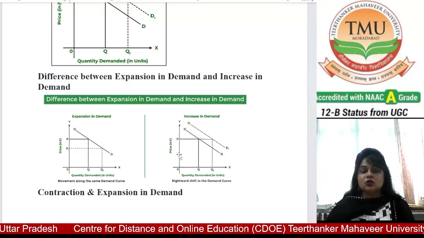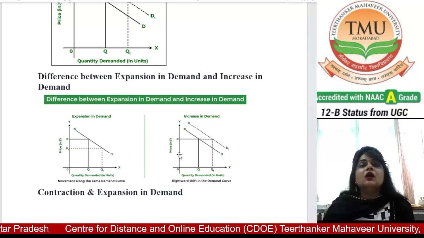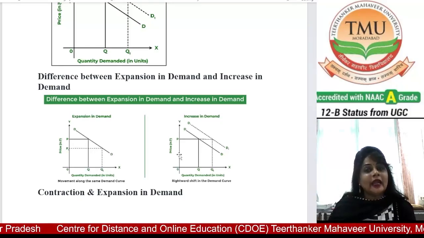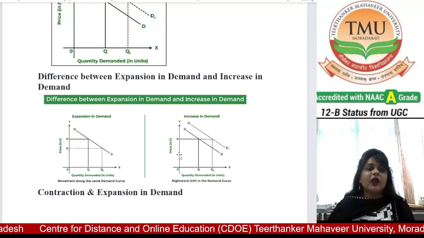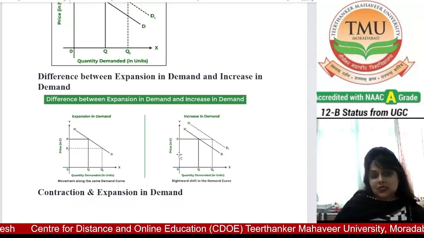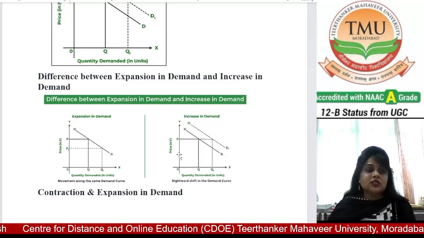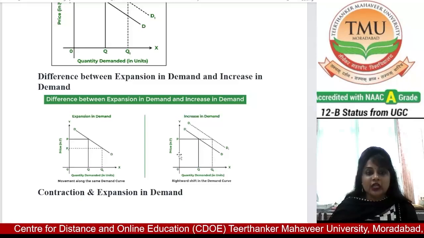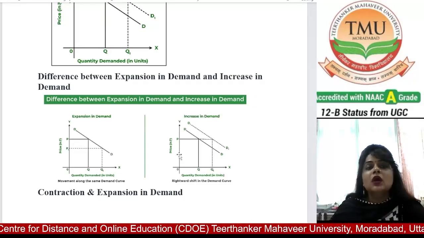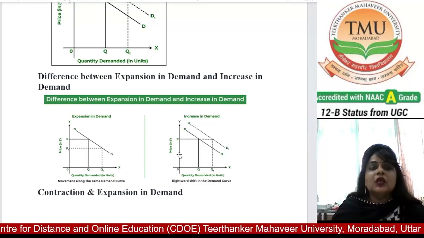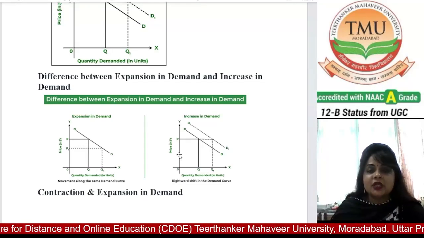Now, I will also give an example of expansion in demand and increase in demand. Expansion in demand: suppose the demand for a commodity X rises from 200 units to 270 units because of a fall in its price from rupees 15 to 10, then it is a case of expansion in demand.